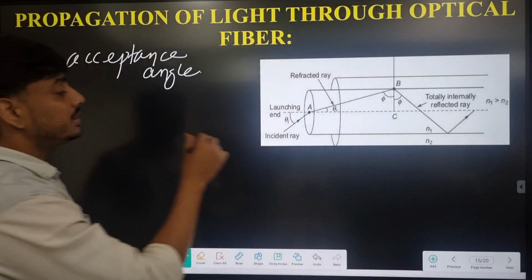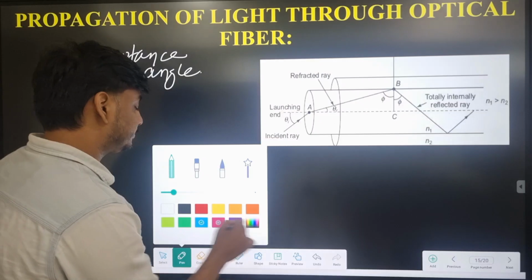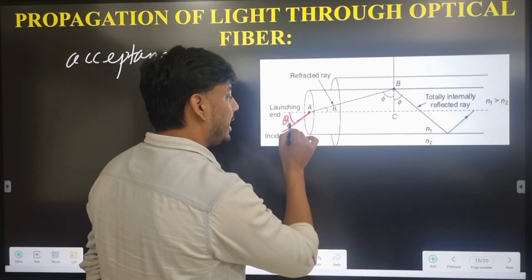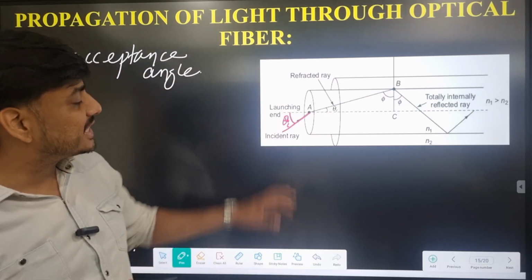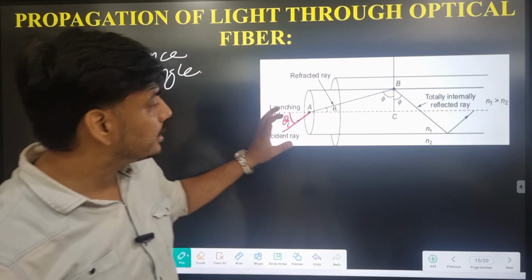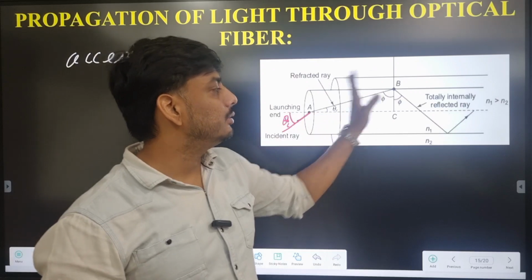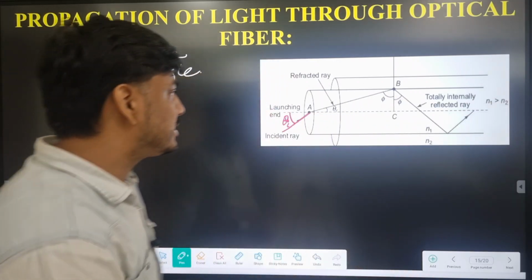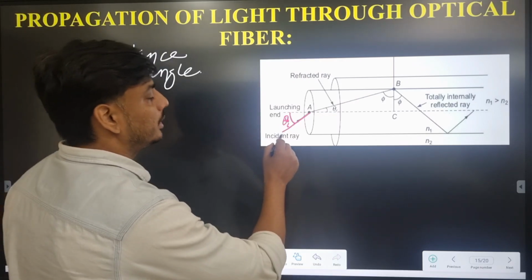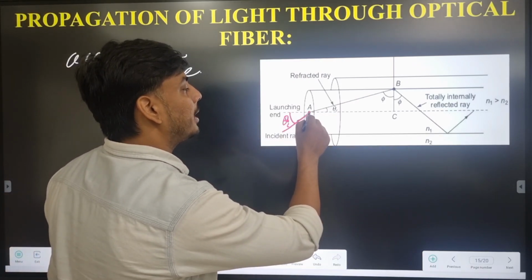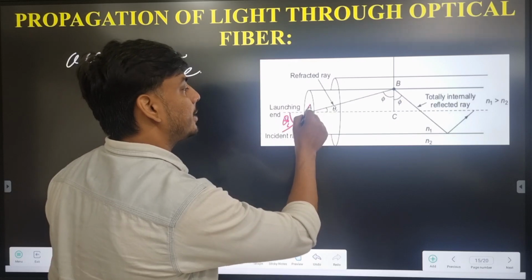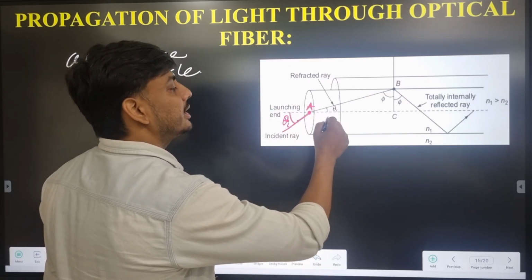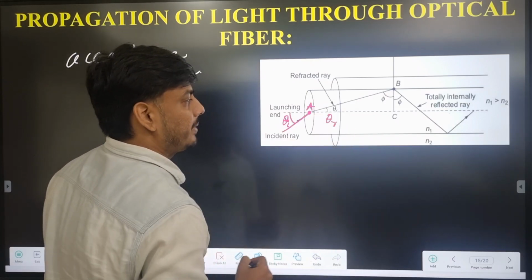Acceptance angle means here you can see a light wave incident on the optical fiber. This is written as theta I. What will be the maximum value of theta I so that we can introduce a light wave into this optical waveguide and it will travel through it? We will find that out. First you can see a light wave striking the optical fiber on its axis, the core, at a point A by making an angle theta I, and here it is written theta R, the angle of refraction.